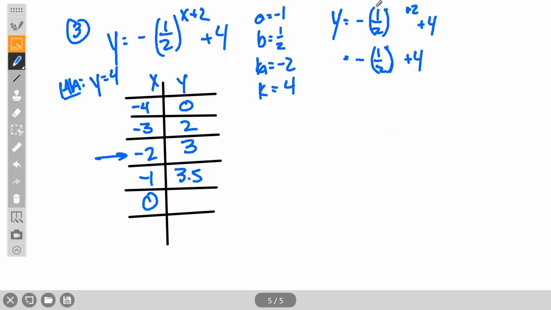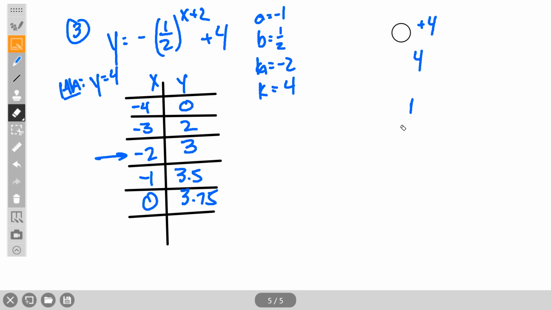And then we'll plug in 0. Oh, whoops, that's 2. 0 plus 2 is 2. So that's -1/4 plus 4, which is 3.75. Okay, let's make a quick sketch.